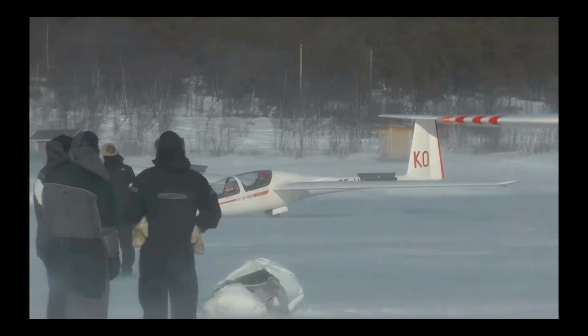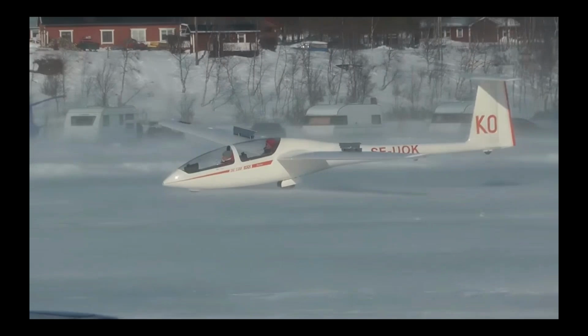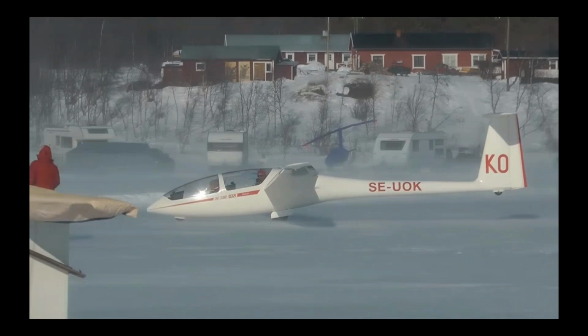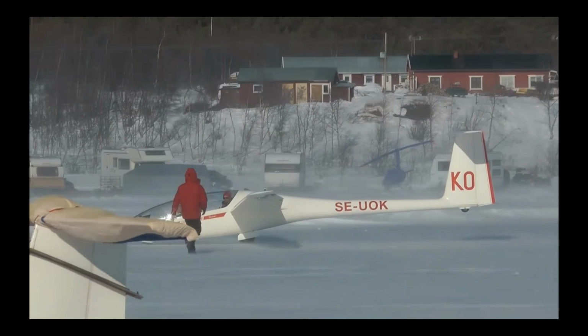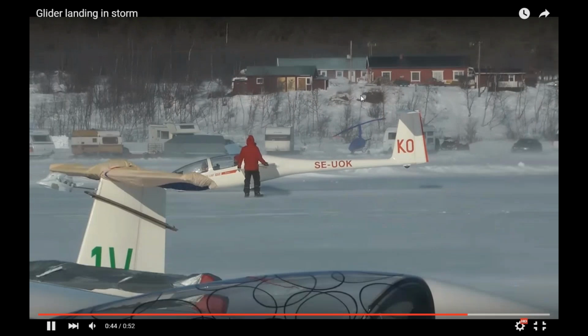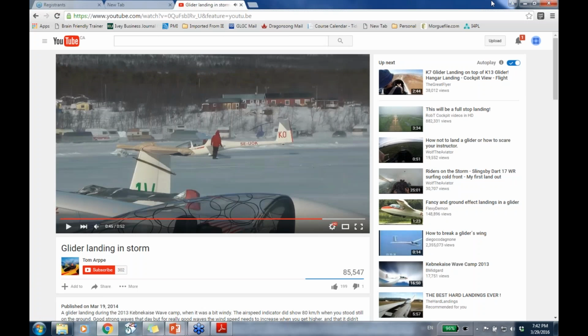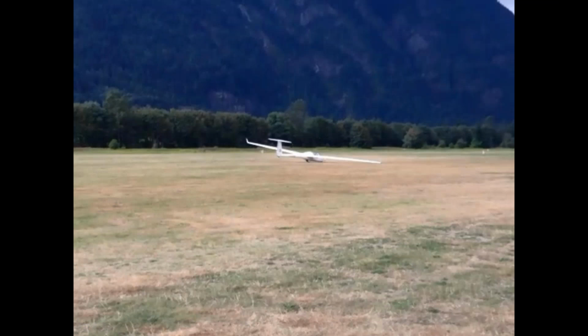Now he put it down on the ground a little bit more aggressively because with that kind of wind, you want to get yourself down and kind of safe. Yeah, so nice one. All right, back to our regularly scheduled program.